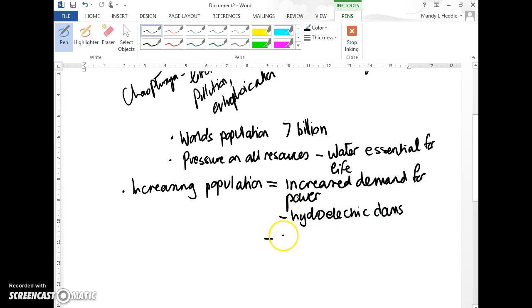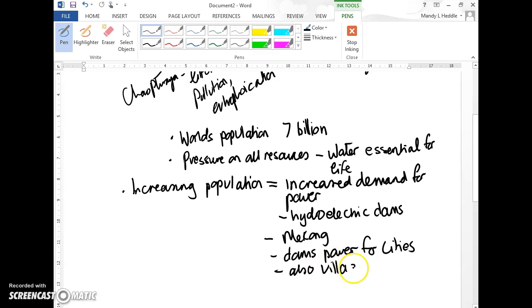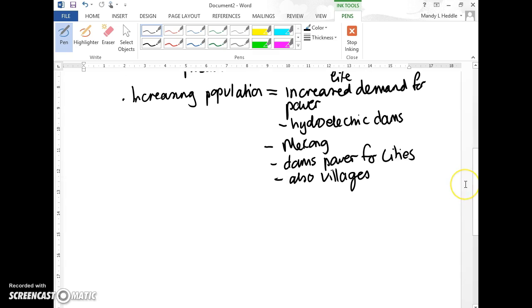So I'm going to mention the Mekong. I'm going to mention the fact that the dams provide power for cities, but also villages, because we need power for medicine, for hospitals, for schools.